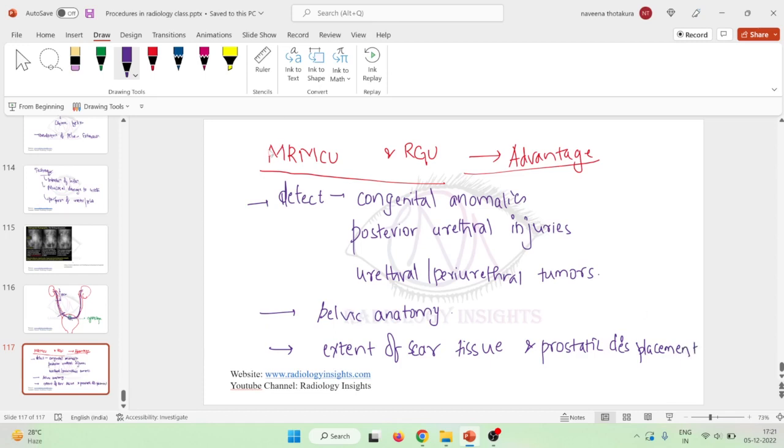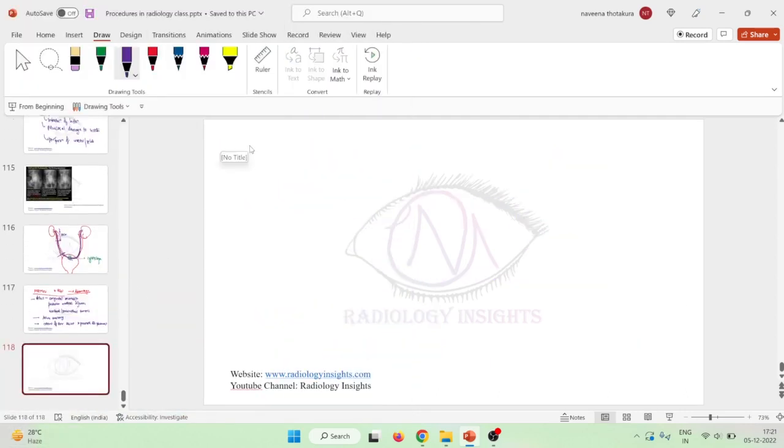Then this is MRMCUG, but there is also one more thing called MR urethrography. This MR urethrography is also more accurate, actually most accurate in comparison to other techniques.